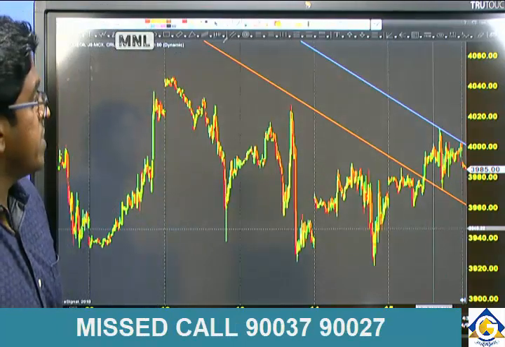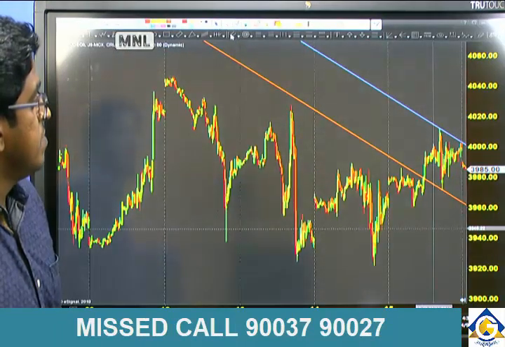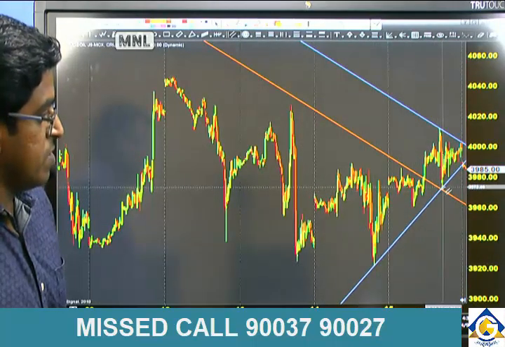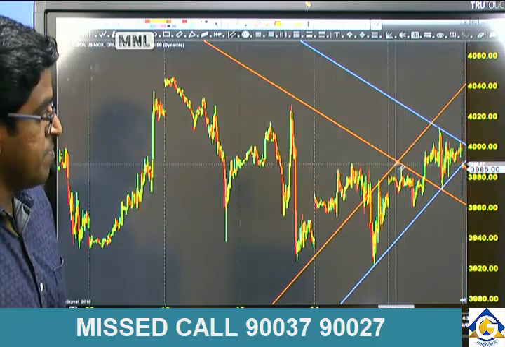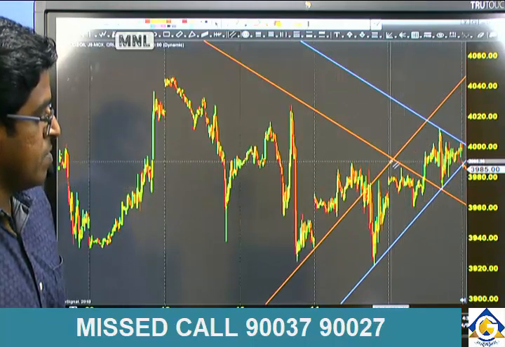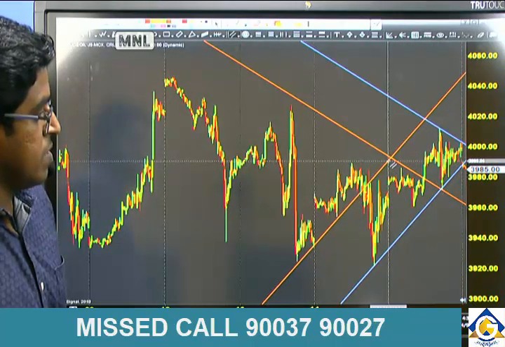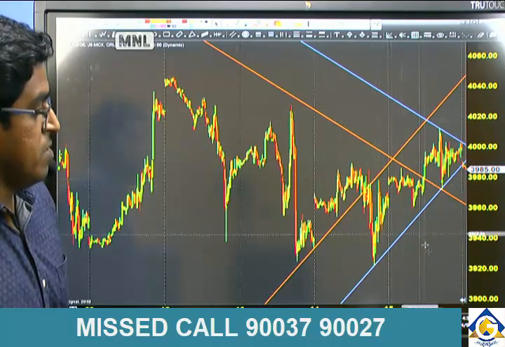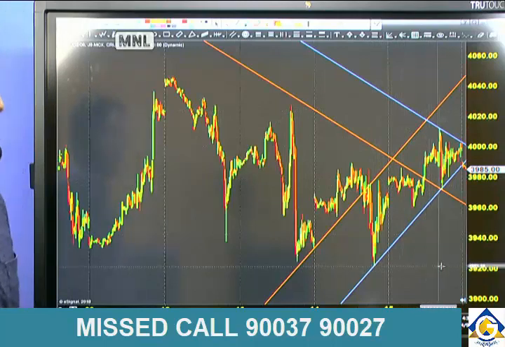Any other possibilities for drawing a trend channel? As I told you, this is another area where the price tried to stay in a trend. You will accept this.